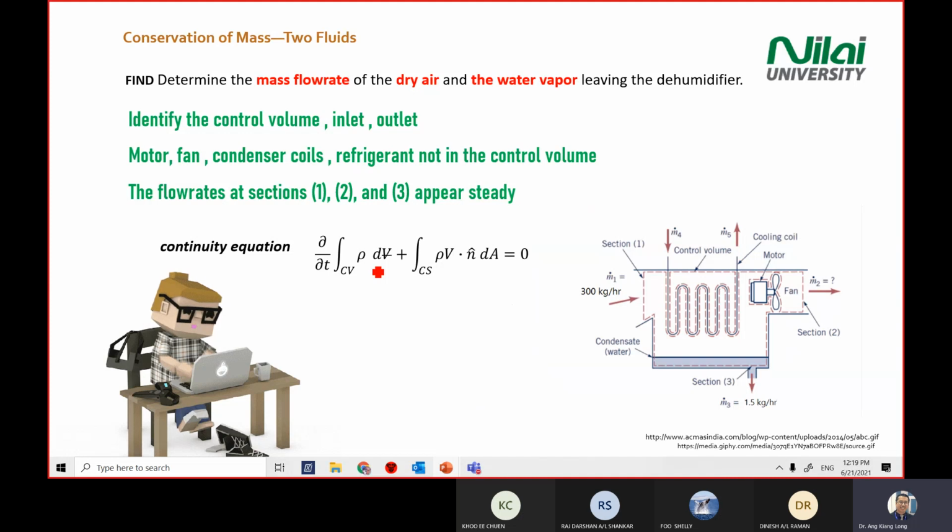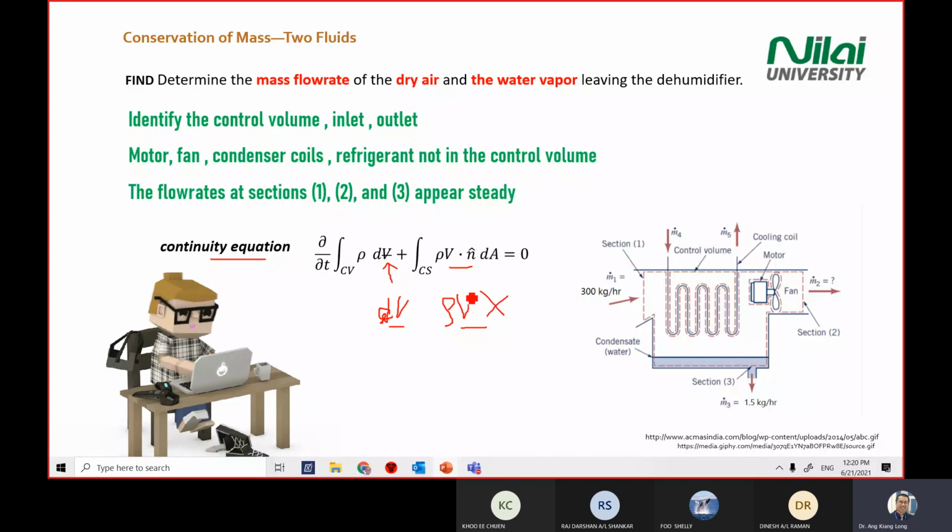Next, we write the continuity equation: the integration over the control volume plus the integration over the control surface. What is important is that there's a difference between the volume and the velocity. If this is your test or exam, be careful in your answer. If you write dV for the first one and continue to write like this, I assume this is velocity, so the continuity equation marks will be 0.